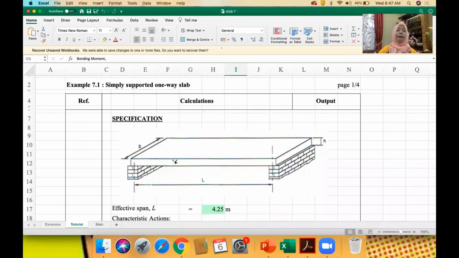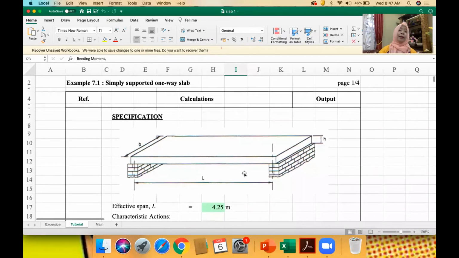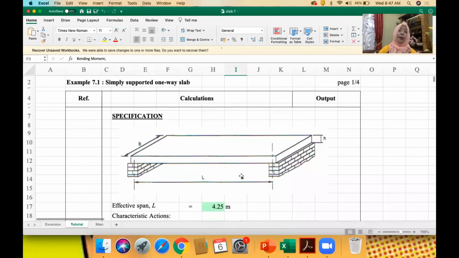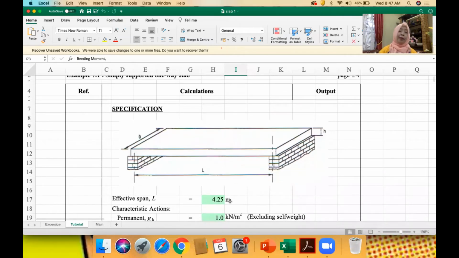Now we have a very simple slab with the B and L. This is the brick wall. The effective span has been given here, 4.25. That means between the center of the brick wall to the center of the next brick wall is 4.25.